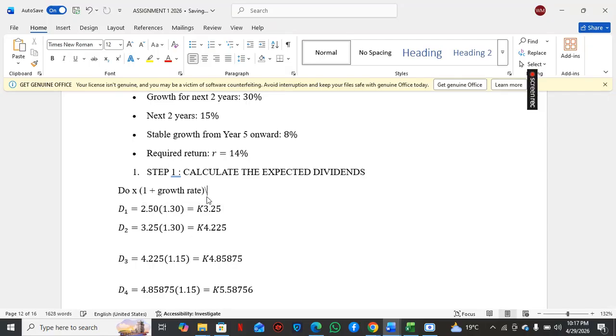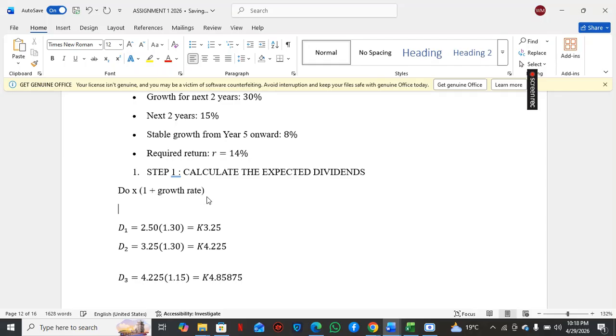Remember, for the first 2 years, the growth rate is 30%. 1 plus 0.3, where 0.3 is just 30% converted into a decimal, becomes 1.3.